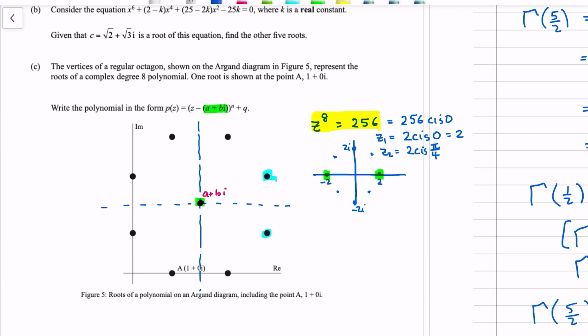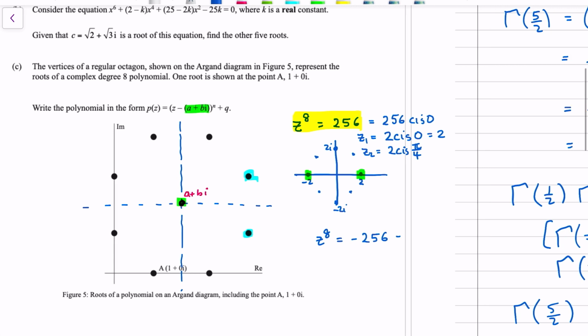If I had given you z to the 8 equals negative 256, when we turn that into polar form, we still get 256, its modulus, but we'd get cis pi. When I take the 8th root of that, I'd get 256, no I wouldn't, I would get 2 cis pi over 8.